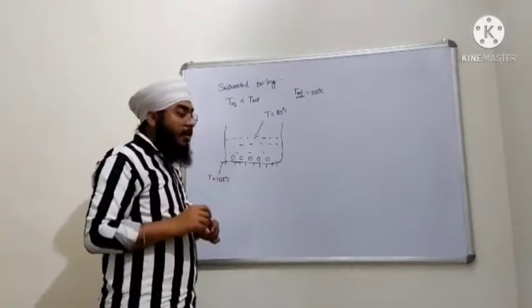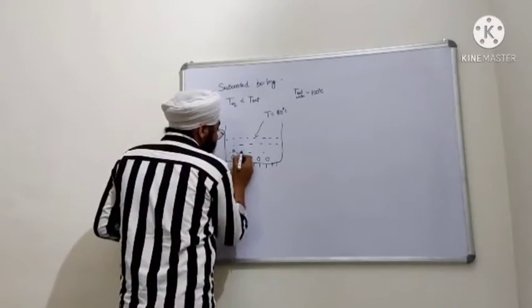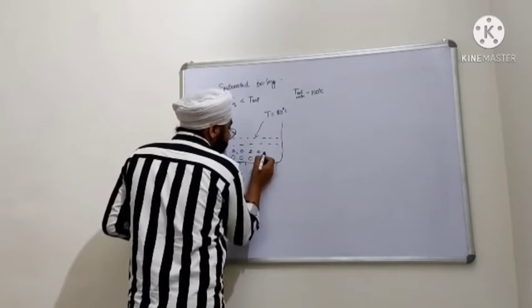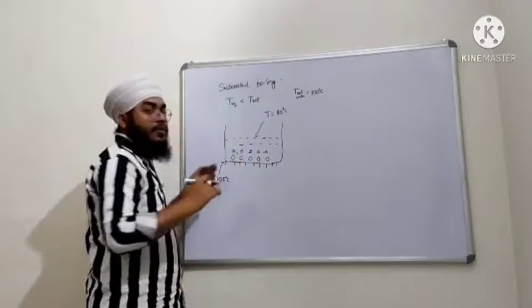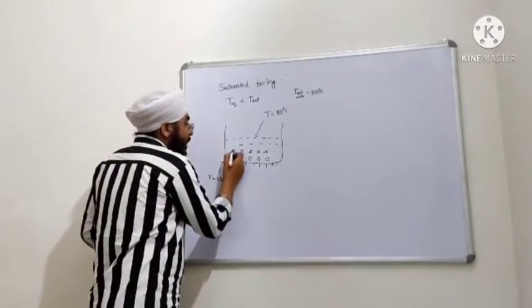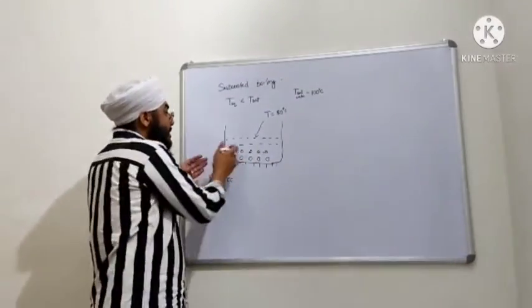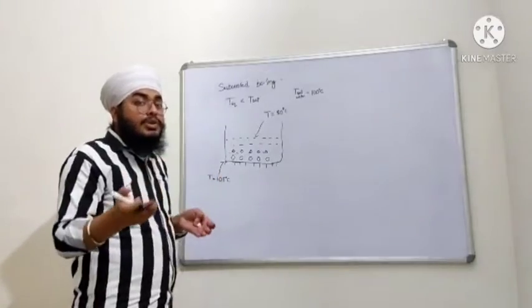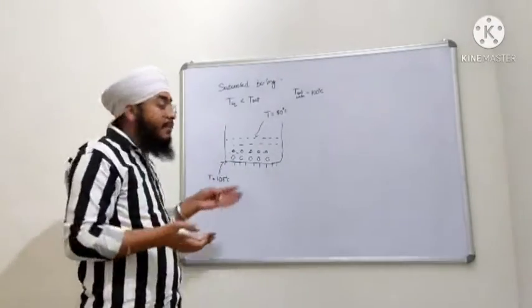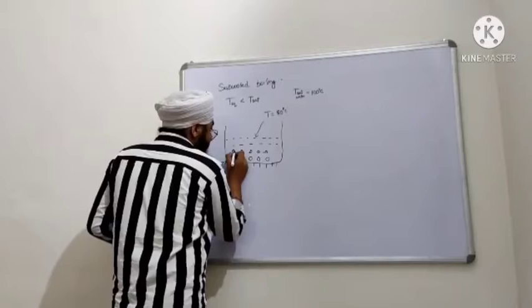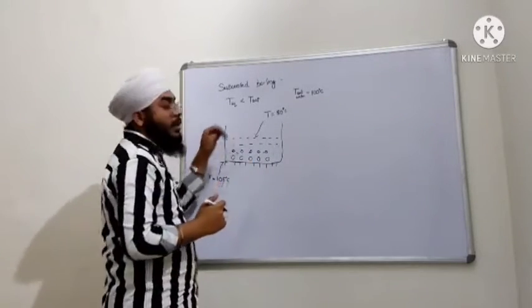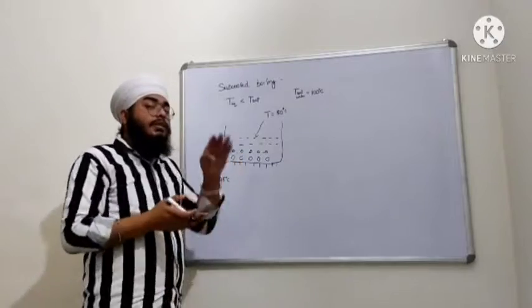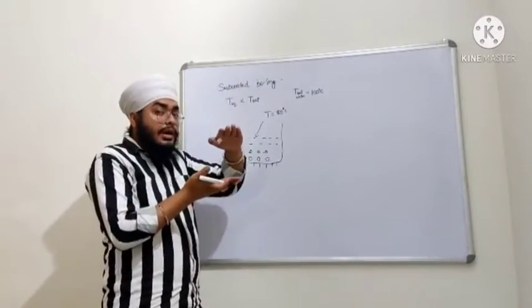So the bubbles will form, and these bubbles will start moving to the upper layers. As these bubbles move to the upper layer, the latent heat inside this bubble, because it is containing saturated vapor, will be transferred to the liquid above these layers. So the size of the bubble will start decreasing.